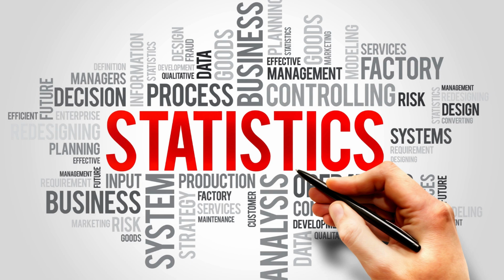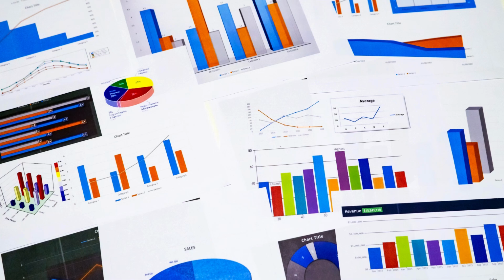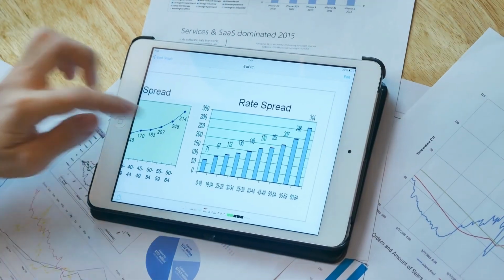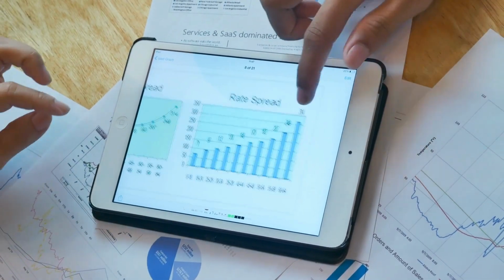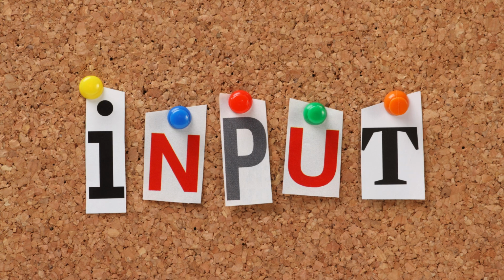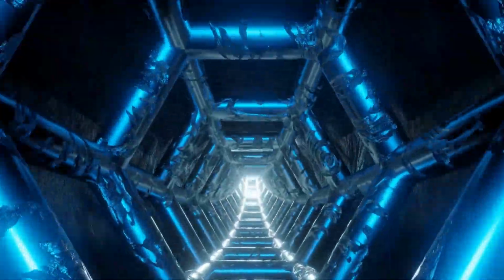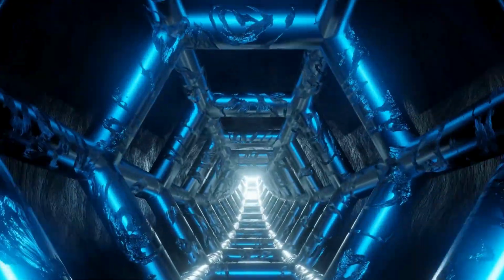Statistics, on the other hand, is the science of collecting, organizing, analyzing, interpreting, and presenting data to uncover patterns, relationships, and trends. In simple words, data is the input, while statistics is the process that transforms this input into meaningful information.